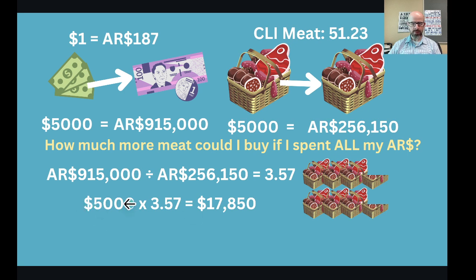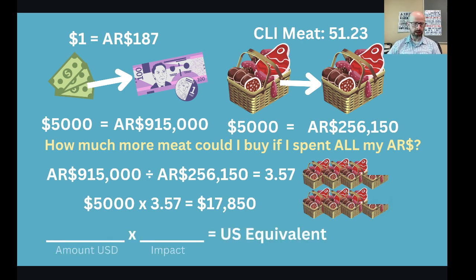If I take $5,000 to Argentina, I can buy the same amount of meat as I could buy for $17,850 in the United States. In the United States, I could buy this much meat, but in Argentina, the same amount of money would buy me that much meat. Okay, well, I turned that into a real quick equation then.